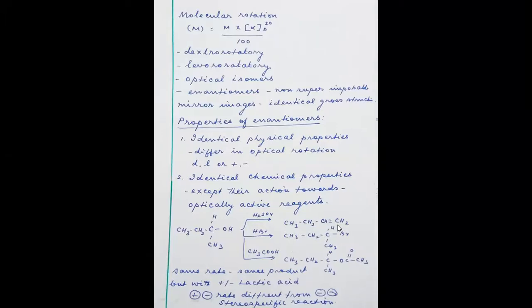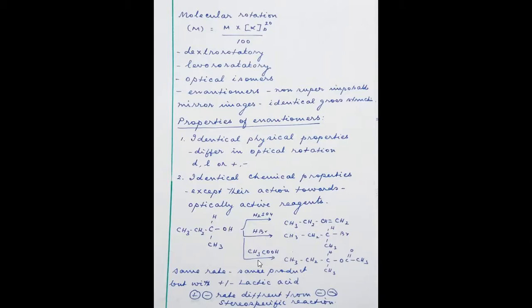Both will result in 1-butene. Similarly, when you react the secondary butyl alcohol with hydrogen bromide, bromination takes place in the place of the OH group. The bromine replaces the OH group. Whether it is a D isomer or L isomer, both enantiomers give the same product, that is 2-bromo-butane.